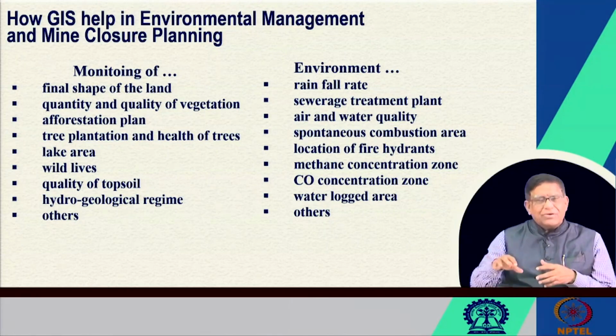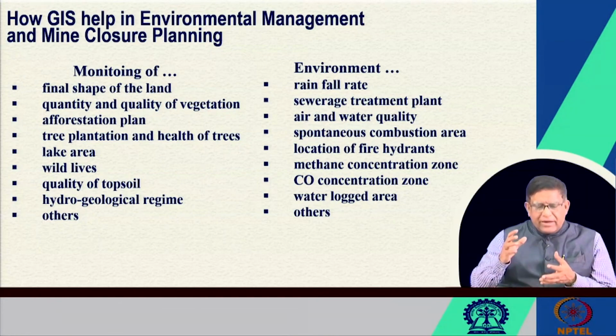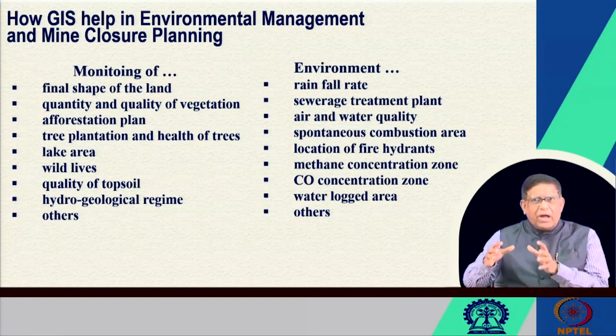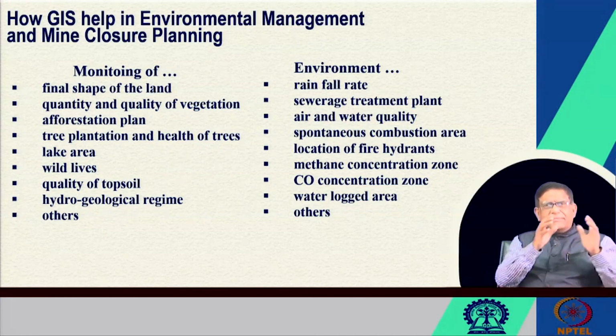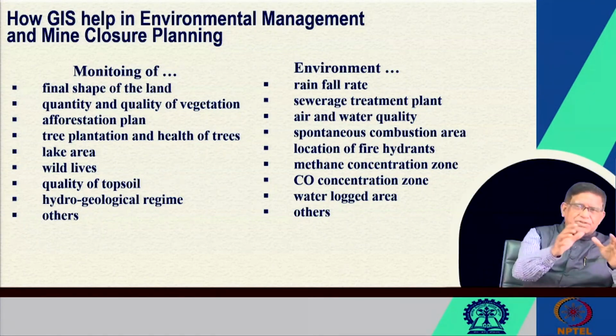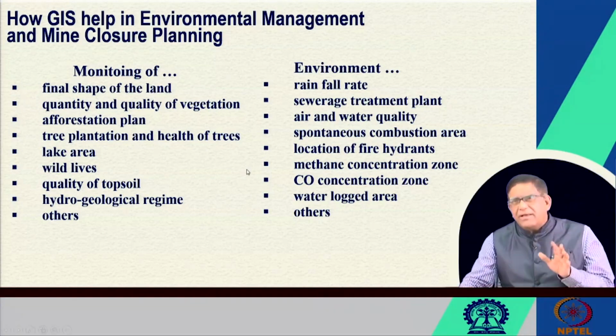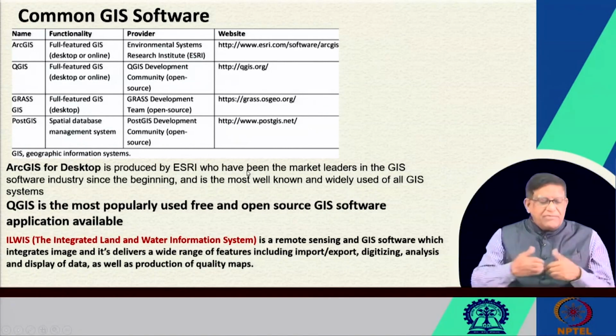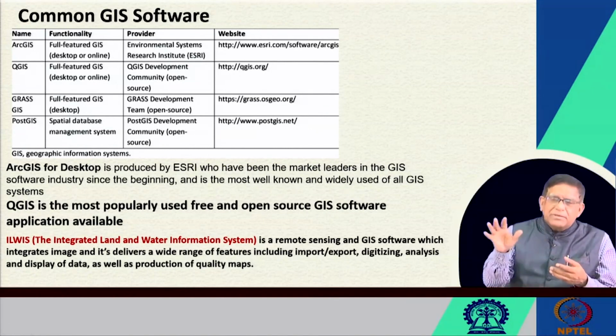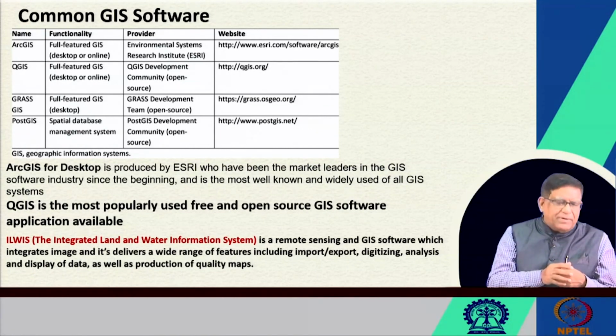And in the environment also, it can tell what the rainfall rate will be, what the sewerage treatment plant would be, the air and water quality, the location of fire hydrants and all. All the different entities in that area, how they are located, information can be entered into a GIS and you can retrieve and use it for your planning purposes.